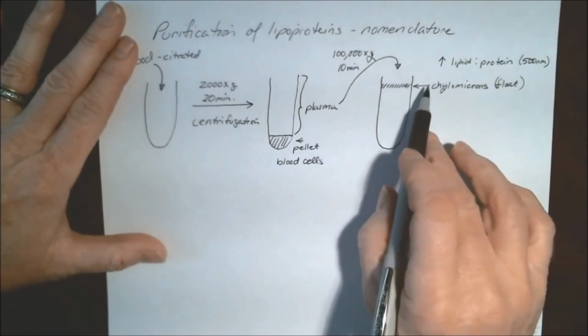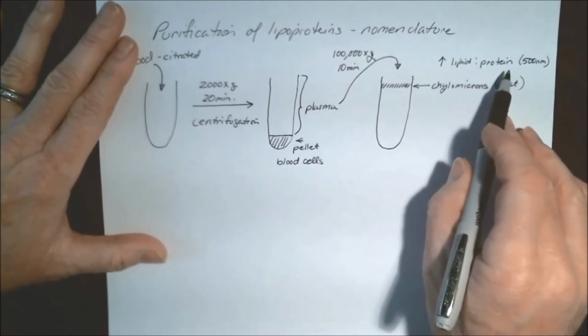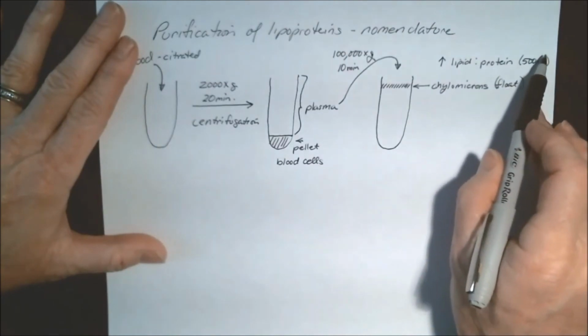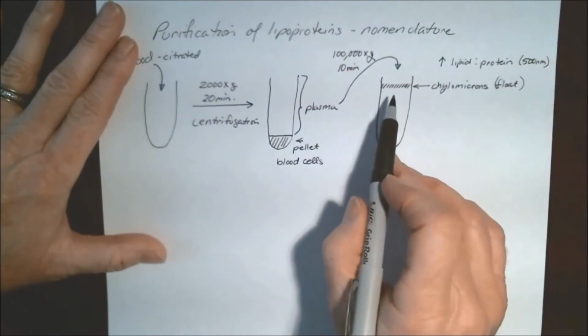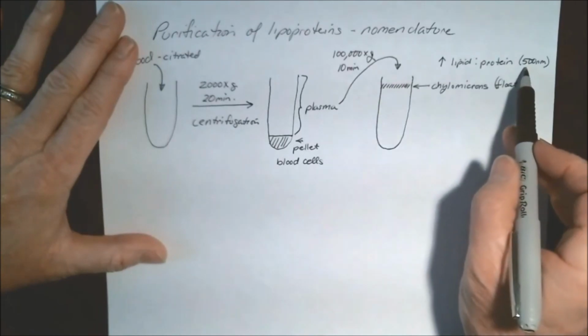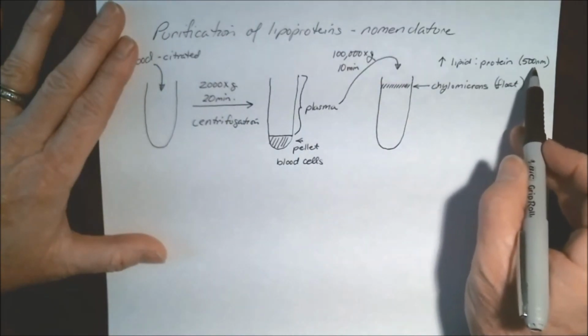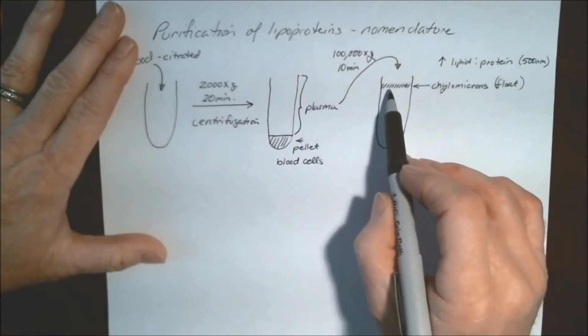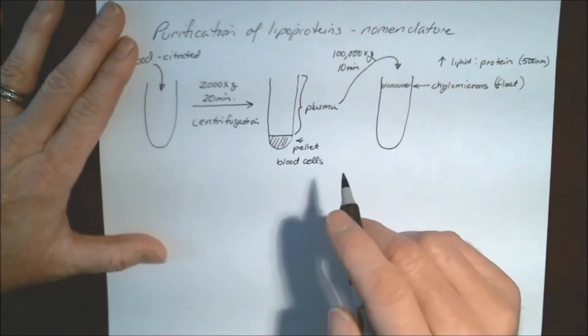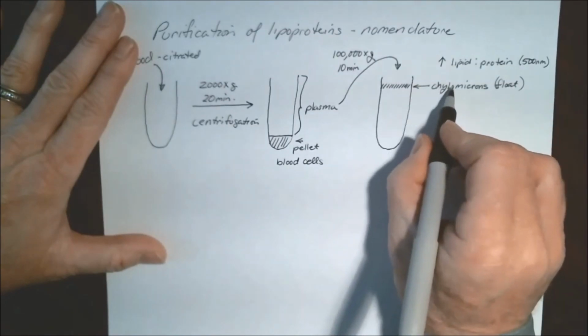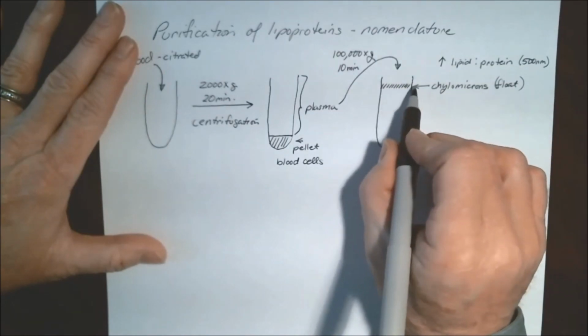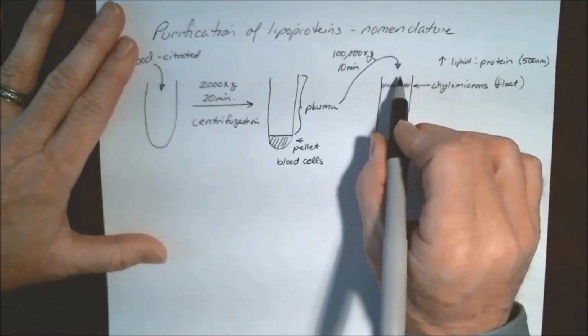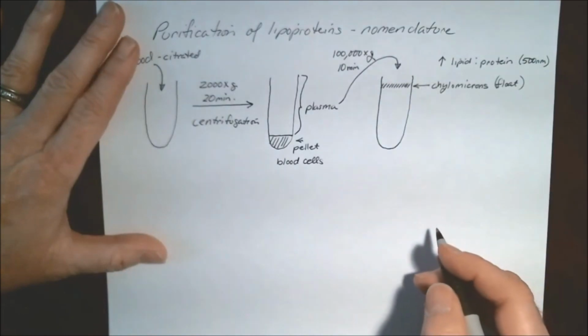So because of this density of having a high lipid to protein ratio, as well as a very large size, during centrifugation the frictional coefficient is going to be very high because of the size, and the density being low, it's going to be pushed up to the top of the tube. So in order to isolate our chylomicrons, all we have to do is pipette off this top fraction.